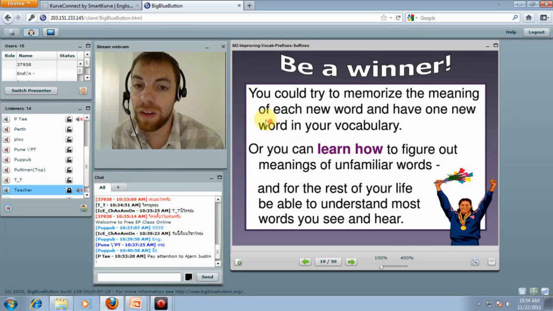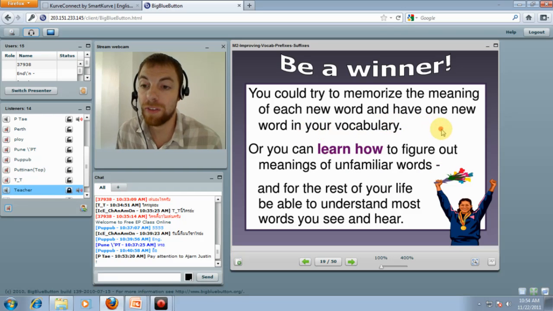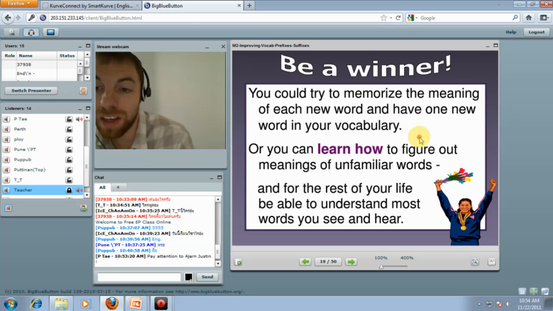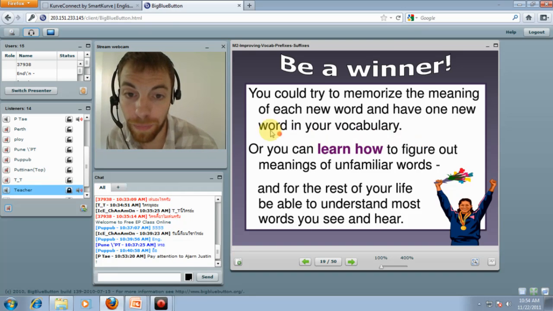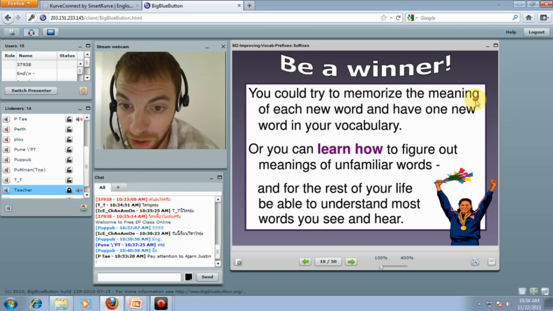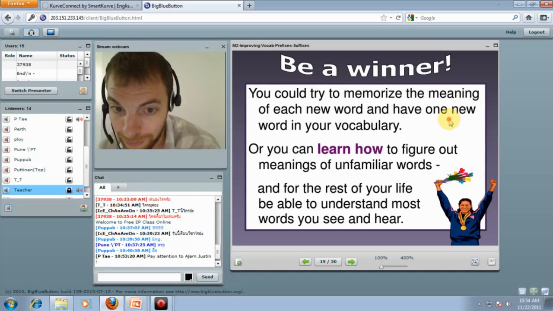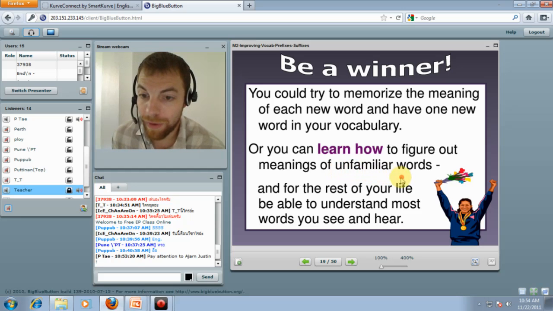Now, let's look at this page here. Do we see any prefixes? We're talking about prefixes. Anything you recognize at the beginning of the word? Let's look. Let's see. Any prefix? Anything you recognize? No? Alright, we'll start with the easy one. Unfamiliar.